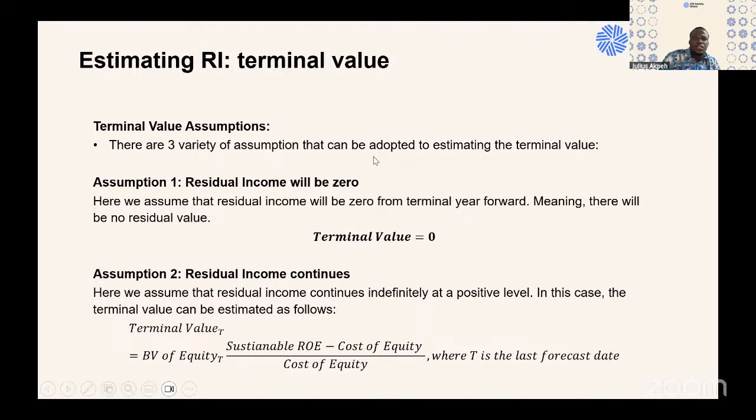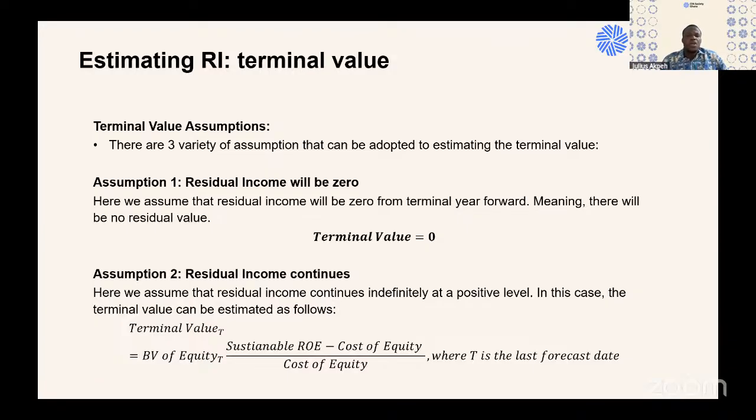We know that residual income calculation is the ROE, that's the return on equity, minus cost of equity, times the book value of equity. Let me take it again. Sustainable ROE minus cost of equity, times the book value of equity. That's how we calculate residual income.